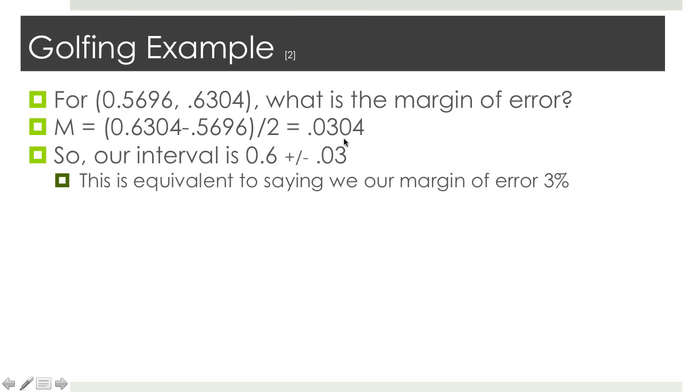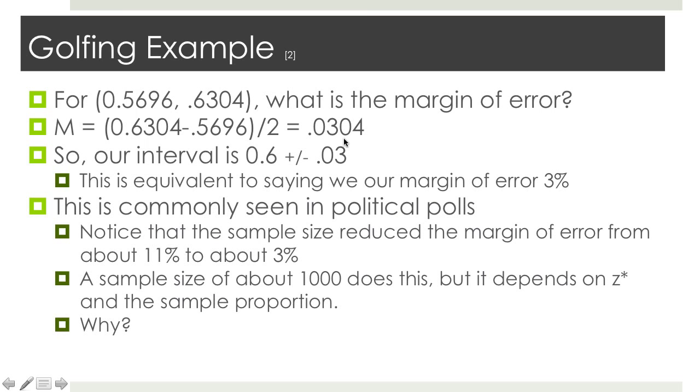So what we have then basically is an interval that's 0.6 plus or minus 3%. Sometimes in polling, you see plus or minus 3% reported on, especially around the times of elections. So this is a very common margin of error that's reported, and notice that you need a sample size of approximately 1,000 in order to get that.